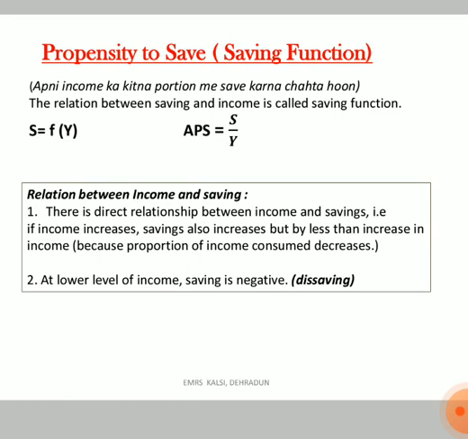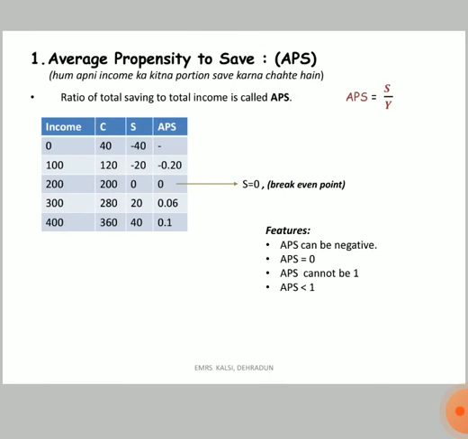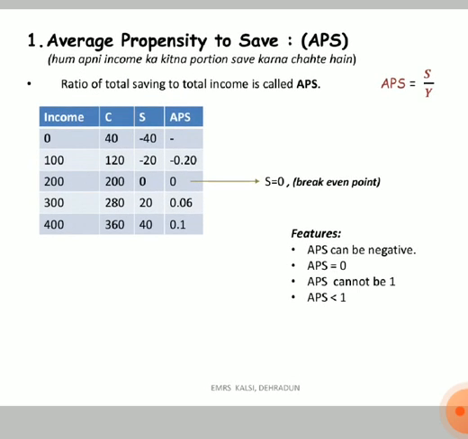Now, as we have studied earlier, the consumption function divides into 2 parts, APC and MPC. In the same way, the saving function is also divided into 2 parts, APS and MPS.